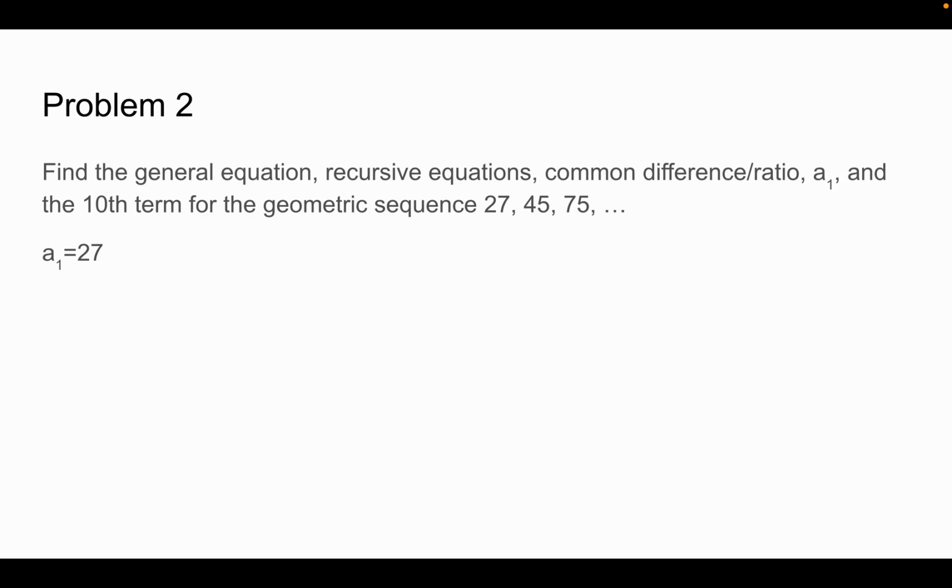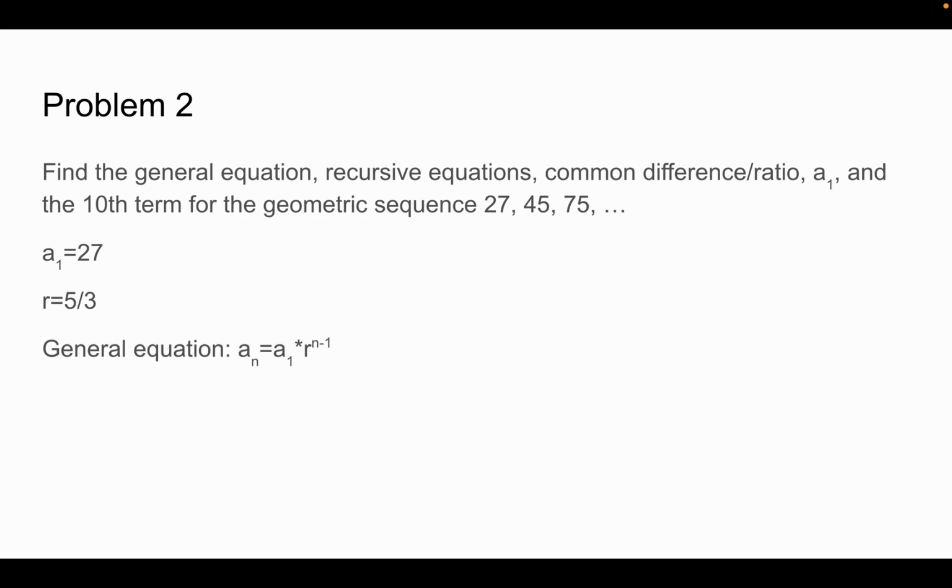There are 2 places we can find the common ratio, which is 45 over 27 or 75 over 45, and both would work, and both would be the same thing, assuming that this is a geometric sequence. So we can just say that r is equal to both of them, and they both say it's 5 over 3.